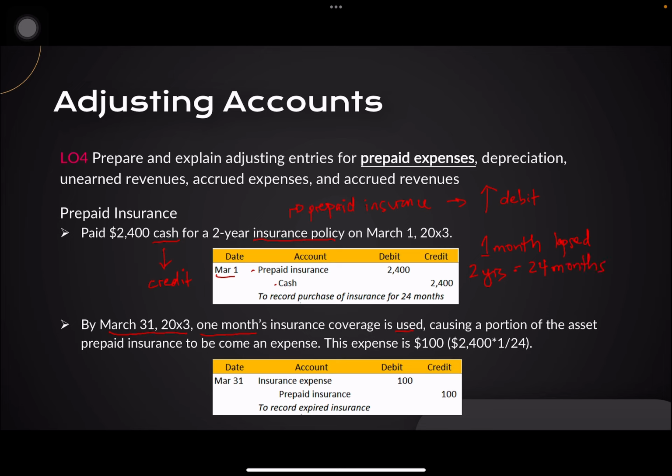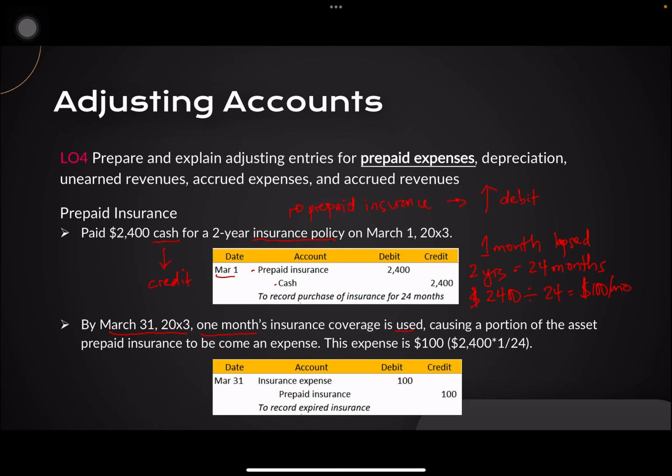Now that you know that you have 24 months in 2 years, you just need to get the monthly expense, or the monthly decrease in your prepaid asset, by dividing your prepaid insurance amount, 2,400, by the life of the insurance, 24 months. You would get $100 per month as an expiring amount.